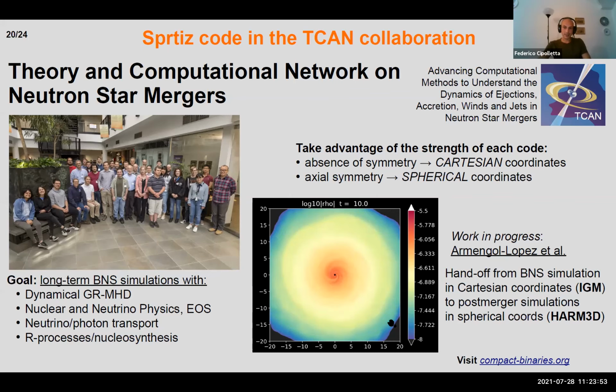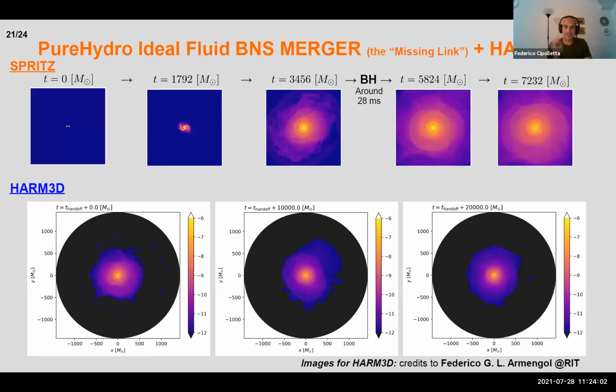And then we started also simulating binary neutron star merger and handing off those data. This is an example of such a handoff of data. This is a simulation of the missing link in pure hydro, binary neutron star merger, that was performed with Spritz, so without magnetic field, and then handed off to ARM3D, that is a spherical coordinate code.